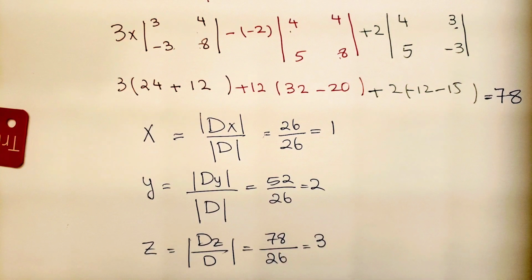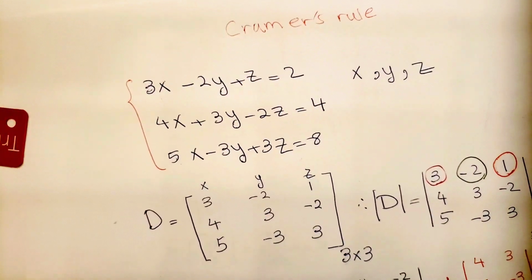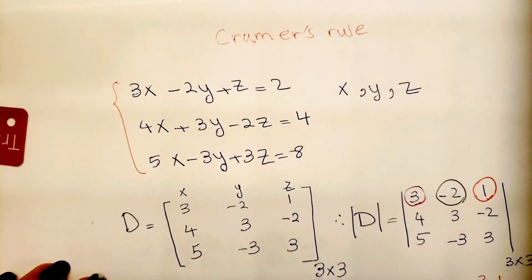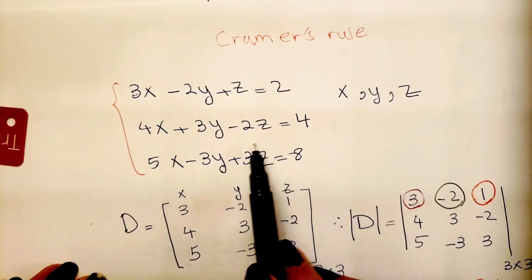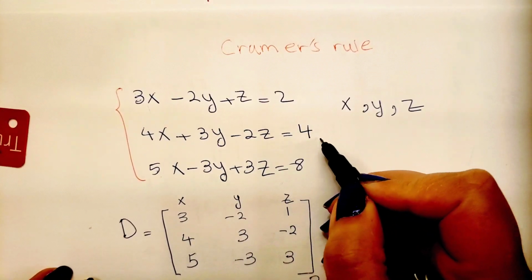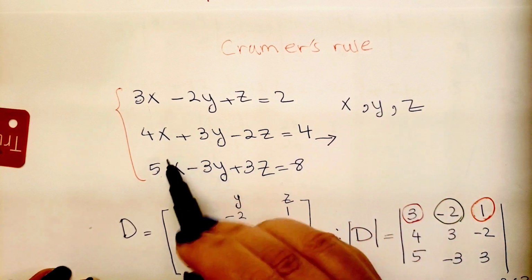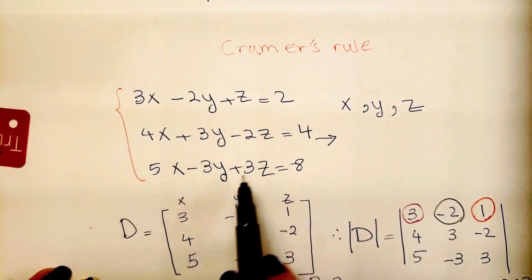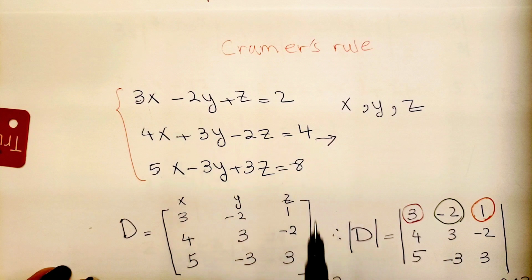But as I mentioned, I'm not done yet. I have to go back to my original equation and substitute the values and make sure I didn't make any mistake. So going back to my original equation, let's substitute the values in the second equation and see if I substitute for x, y, and z, does it equal 4 or not?